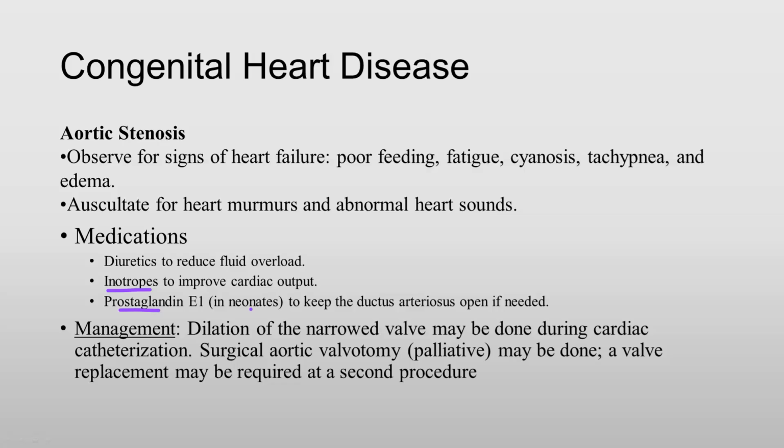So in this particular case, you notice this is really kind of the only thing different that we've talked about, using this medicine to keep the PDA open. I'm going to try to keep this simple.